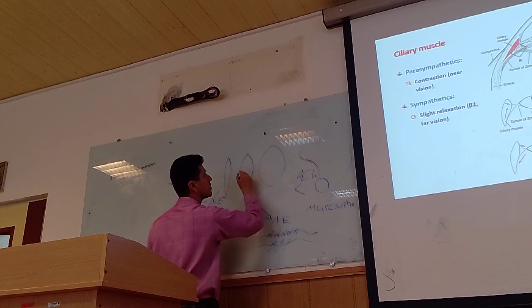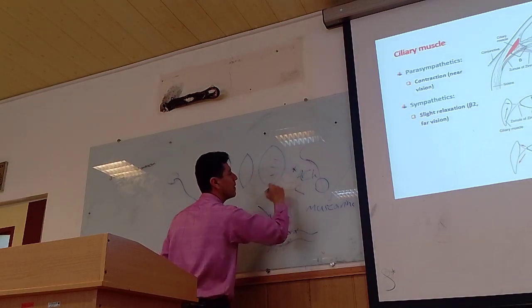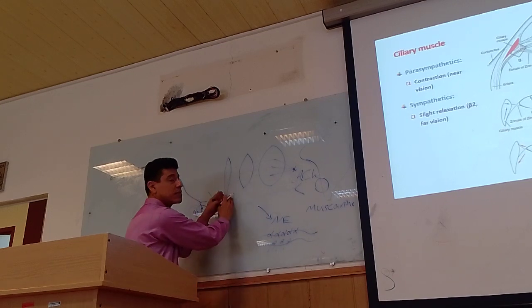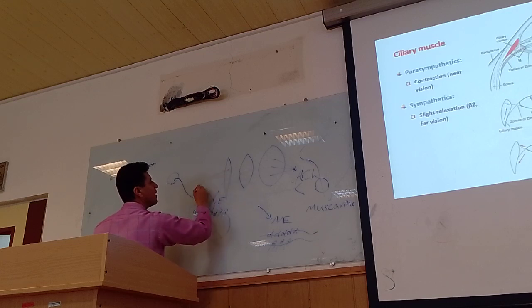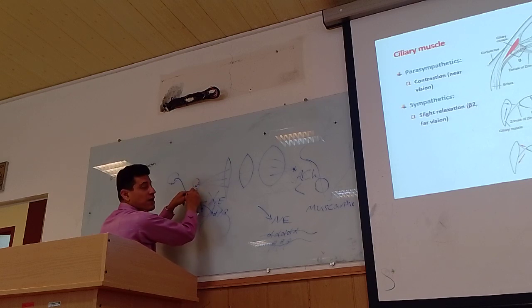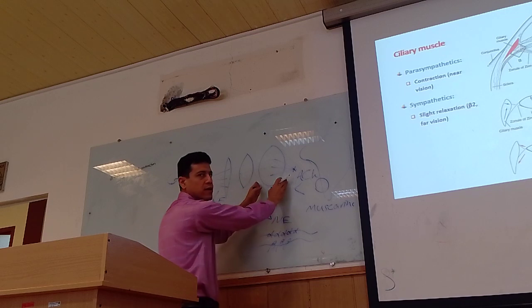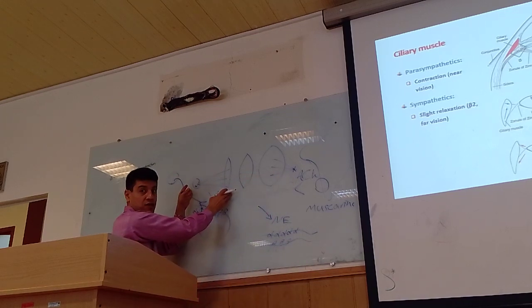So when the light comes here, it is bent here, and the focus will be near the lens. If it's flat, then when light comes here, it goes further. So you will have the focus far from the lens. So this one is very good for near vision. This one is best for far vision, right?